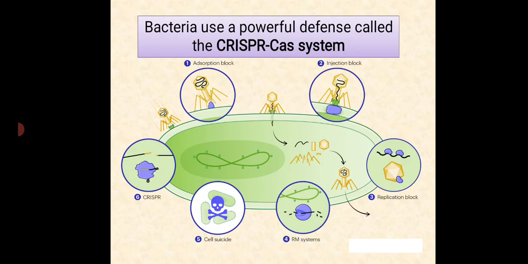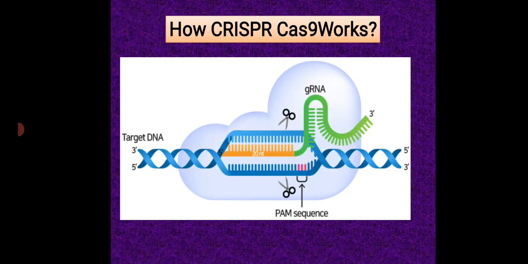And scientists have now turned this bacterial defense system into one of the most powerful gene editing tools in the world, that is CRISPR Cas9. So, how does it actually work? In step 1, scientists create a guide RNA that matches the gene they want to target.